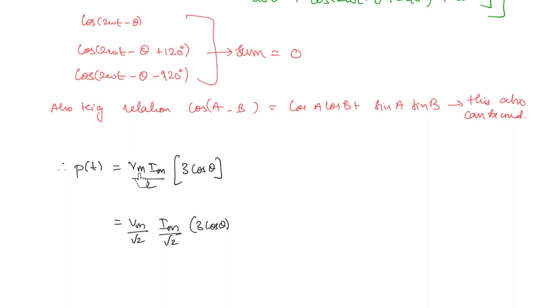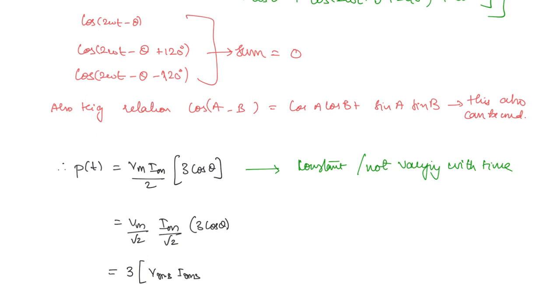So the first thing that you can see here is that this is a constant value, right? It is constant, not varying with respect to time. Now the final expression you can write as 3 times Vrms Irms cos θ. So Vrms Irms cos θ is the average power for one phase.